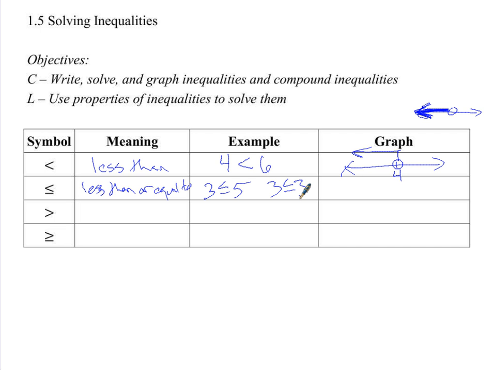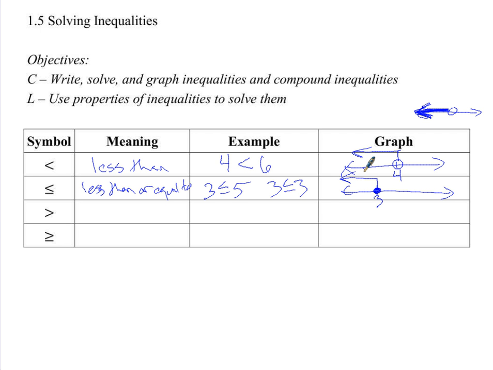Yes. If I were to graph less than or equal to, let me put, let's say, 3 here. Less than or equal to means what? Closed dot. And to the left. So now we know the difference between open dot and closed dot.